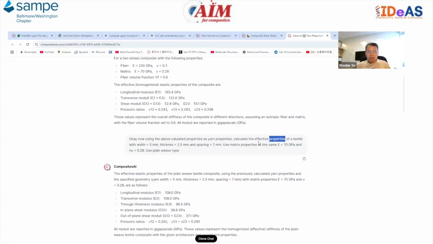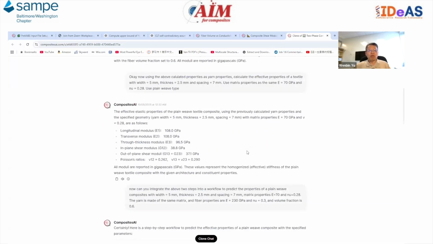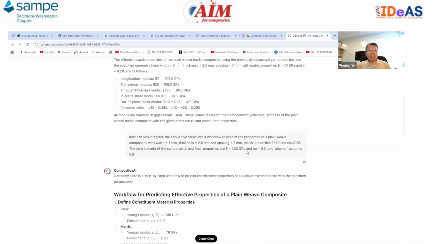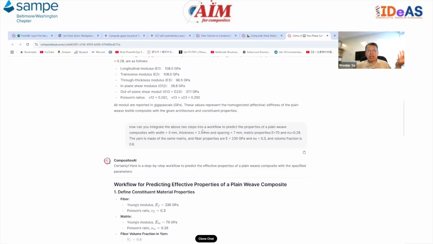And I want the system to calculate the effective property of a textile with a plain weave, I believe, a certain spacing and matrix properties, and that's sufficient for plain weave. Then it will do the calculation. So now I say, can you integrate the above two steps into a workflow to predict the property of a plain weave composite with the inputs in terms of fiber property, matrix property, fiber volume fraction, and woven architecture?